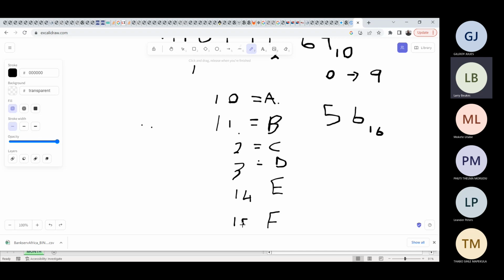It starts from 0, it doesn't start from 1. That's why you have 16 possibilities, because it starts from 0. So this will be your 12, your 13, your 14, and your 15.